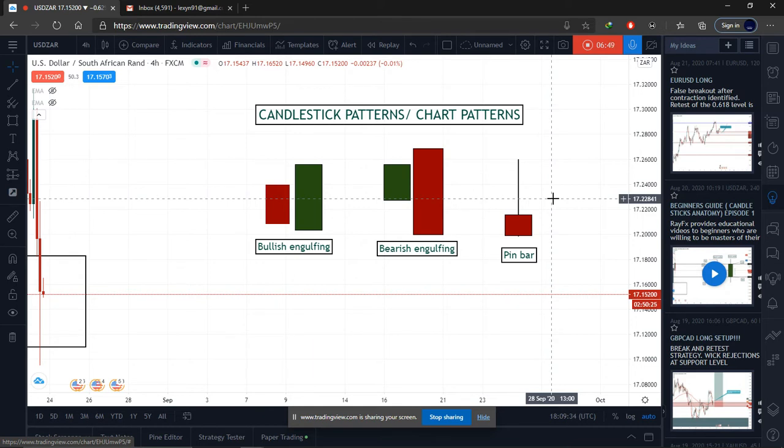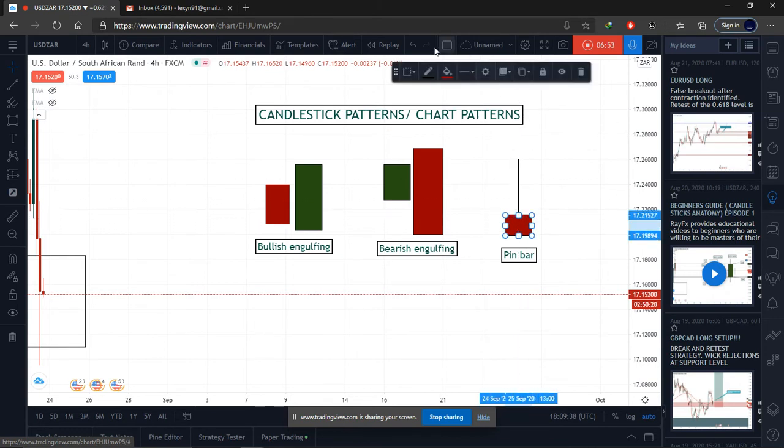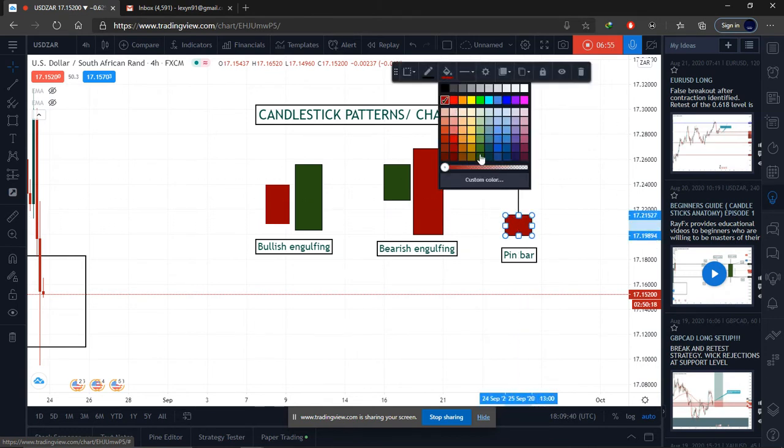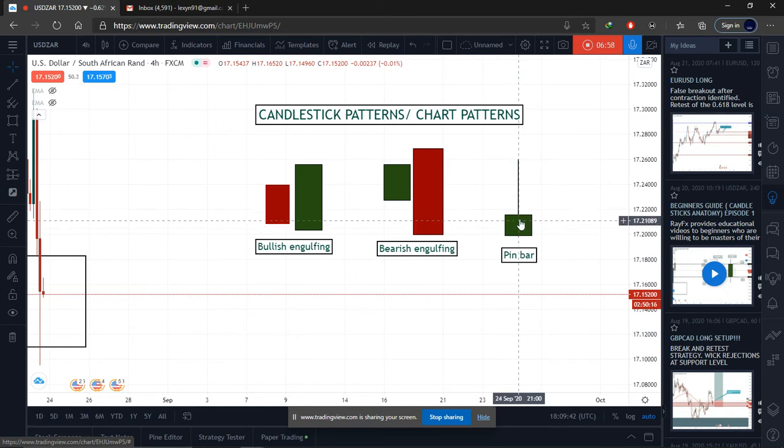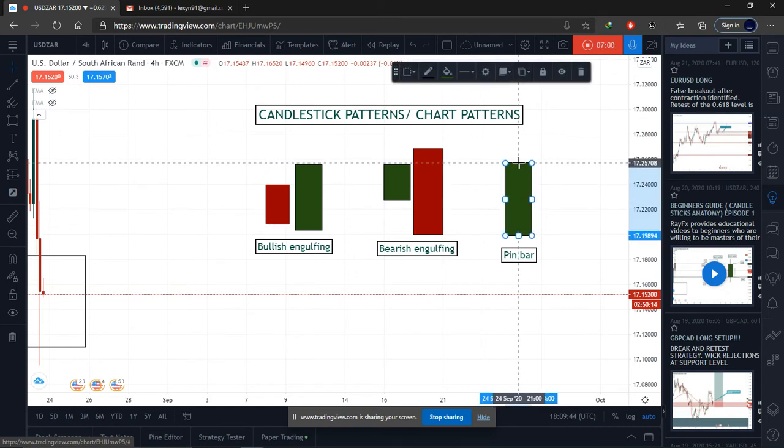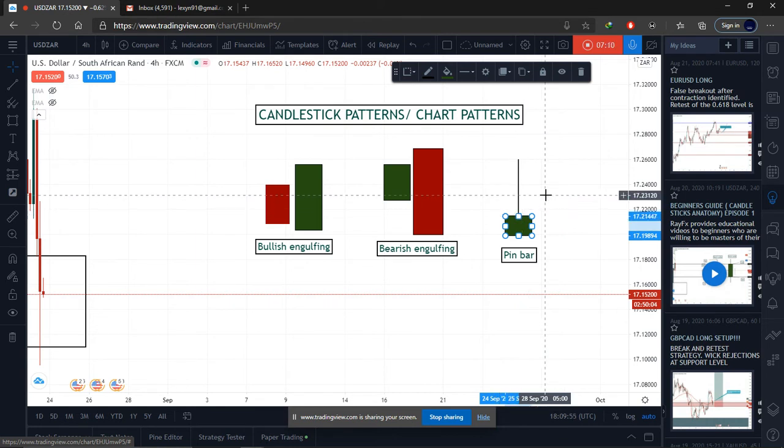What this means is that, let's say buyers were able, let's make this candle green. It can be any color, don't confuse yourself with the colors. Let's say buyers were able to push the market way back up, and then the psychology is that sellers were able to push the market down, overcoming the buyers.